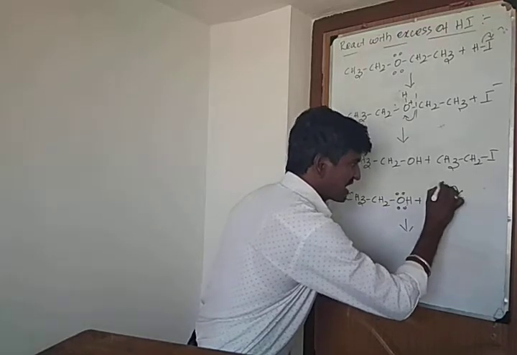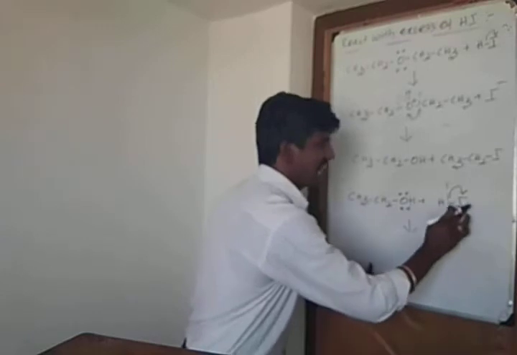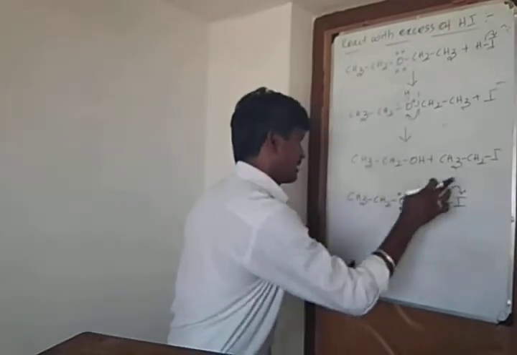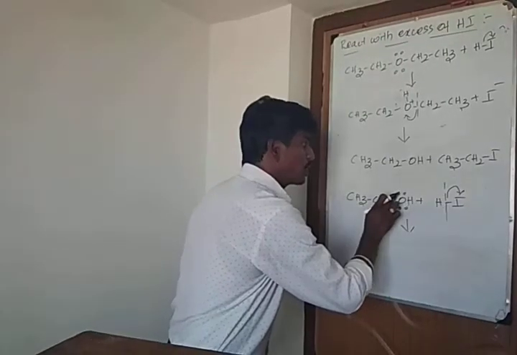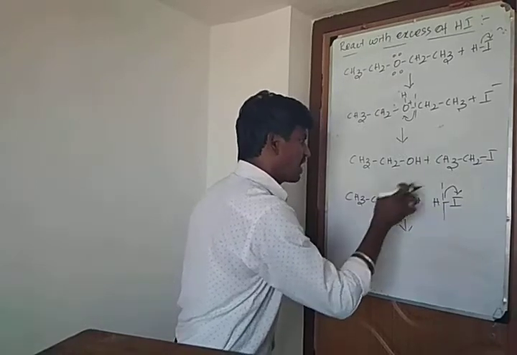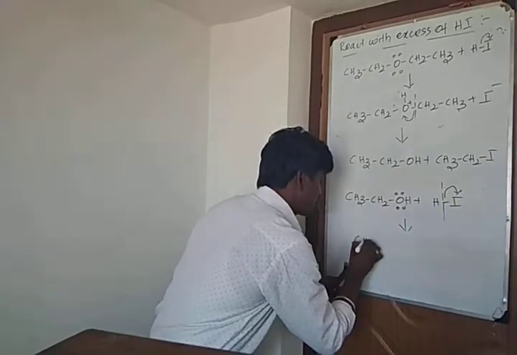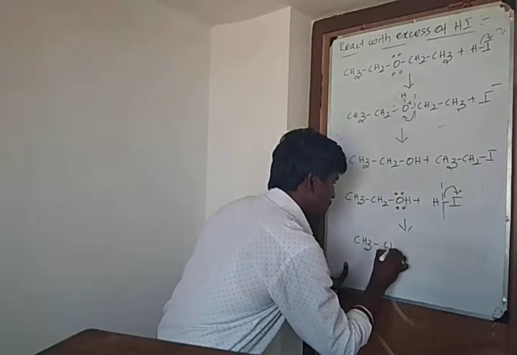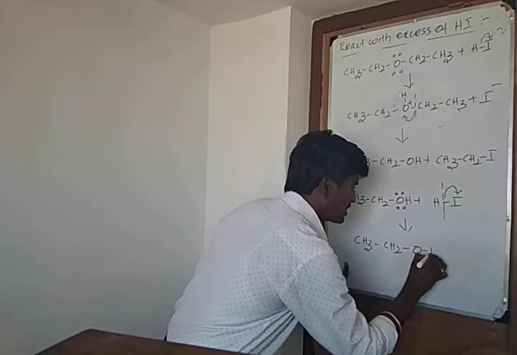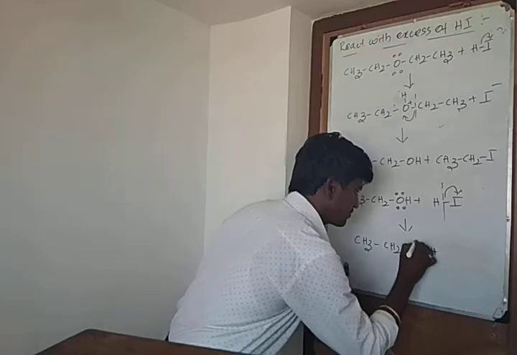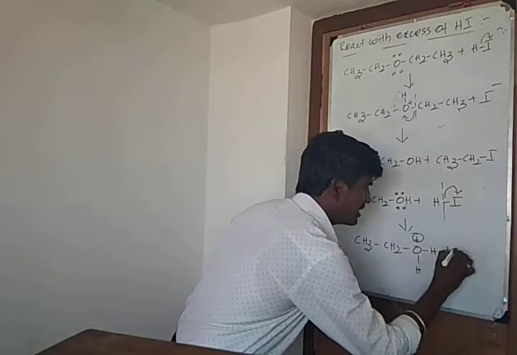Iodine's electronegativity is greater than hydrogen's. So bond cleavage, I minus, H plus. Am I right? Here this H plus, lone pair of electrons, bond formation. After the bond formation, we have to put positive charge on oxygen. CH3CH2O, H, protonation, plus I minus.